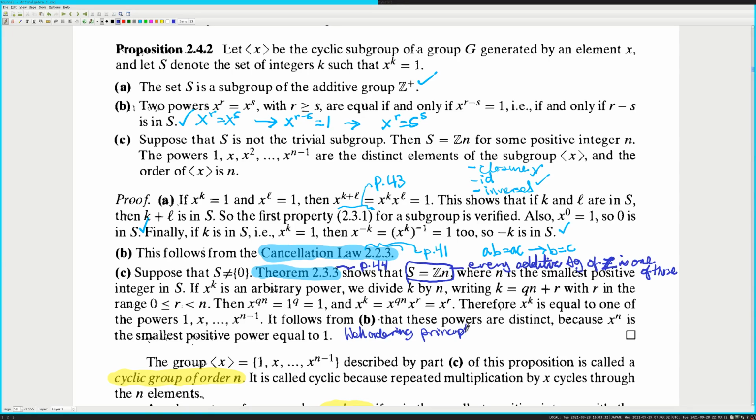And he may have proved this underhandedly, which is that every non-empty subset of the positive integers, I'm just going to write it as integers, has a least element. That's the well-ordering principle.